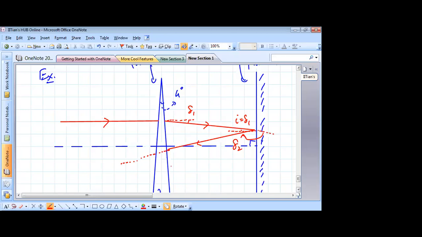Anti-clockwise. So let's just try and understand this.